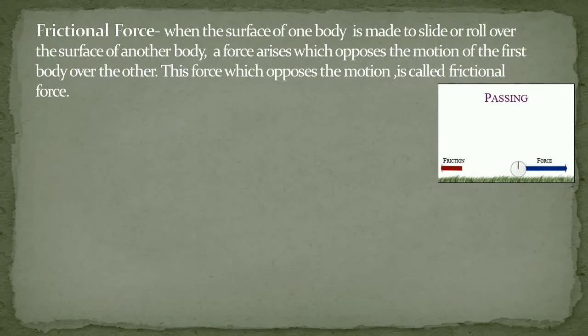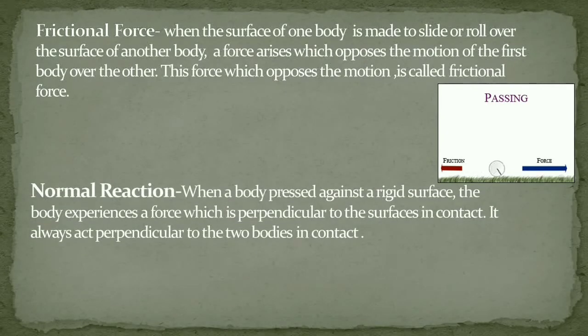This force which opposes the motion is called the force of friction, or frictional force. Clear? You can see in this diagram the ball which automatically stops. It shows the frictional force between the ball and the ground. Our next force is the normal reaction force.